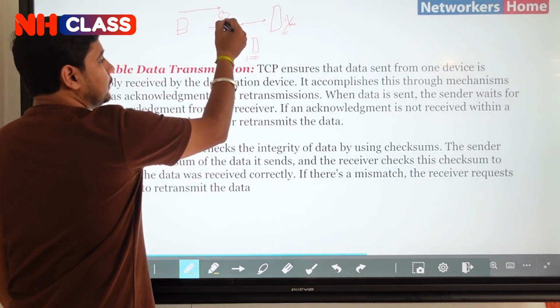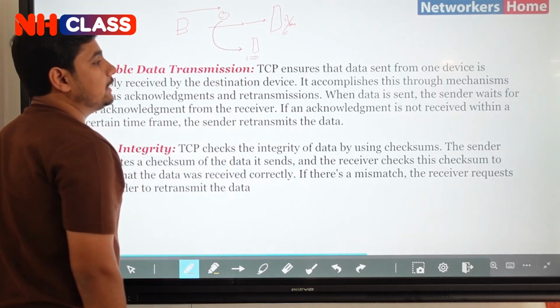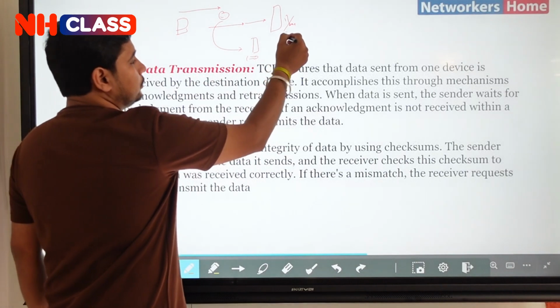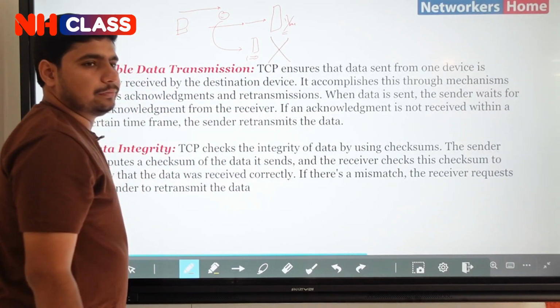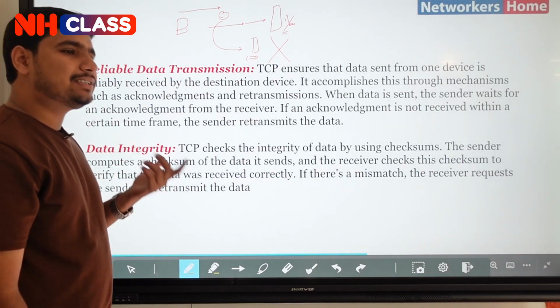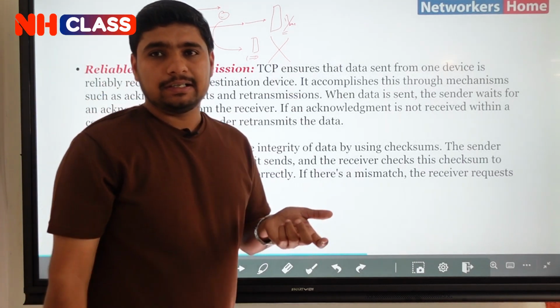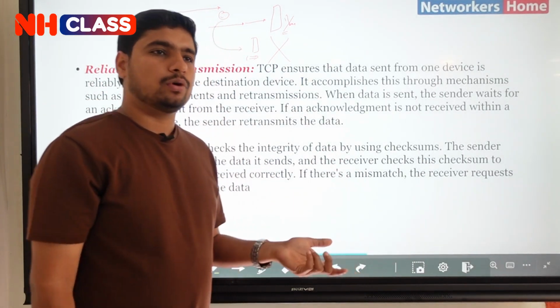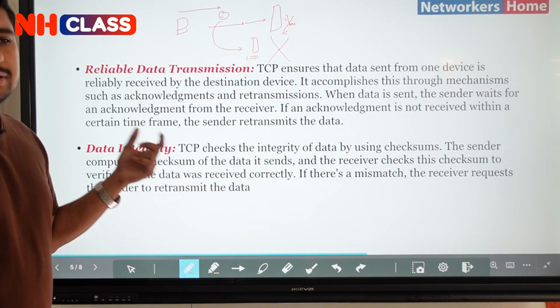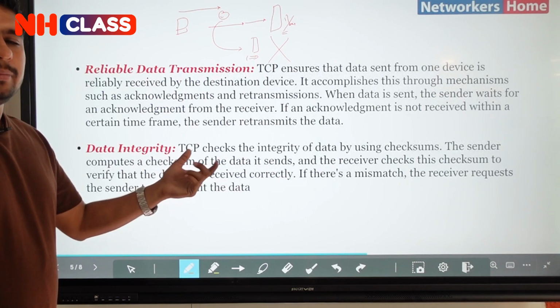Obviously, the parcel has been opened and you are not going to accept it. In the same way, when you exchange data between client and server with the help of the TCP protocol, data integrity is provided by TCP by default.